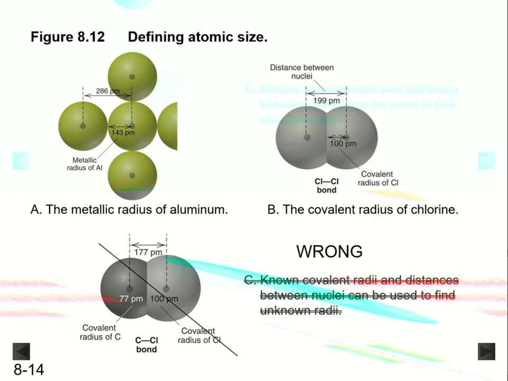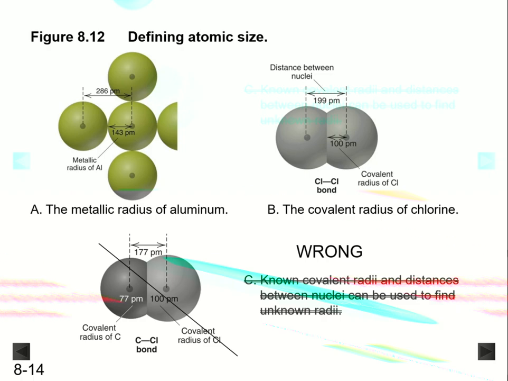And the distance between 2 adjacent or 2 closest nuclear centers inside the crystal is 286 picometers. That's the aluminum nucleus to aluminum nucleus distance. That can be defined fairly precisely using X-ray diffraction techniques.